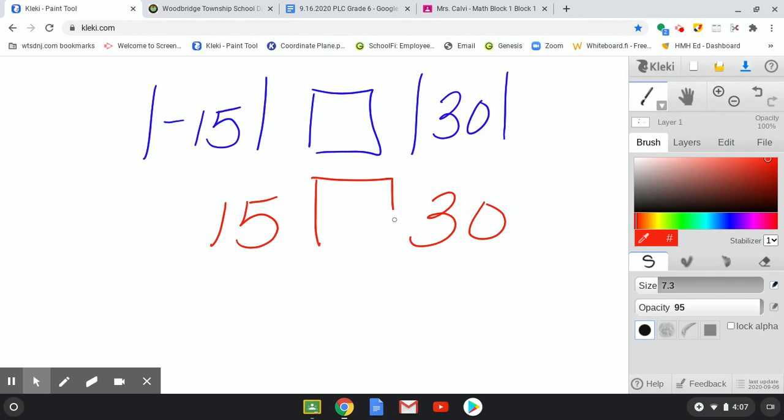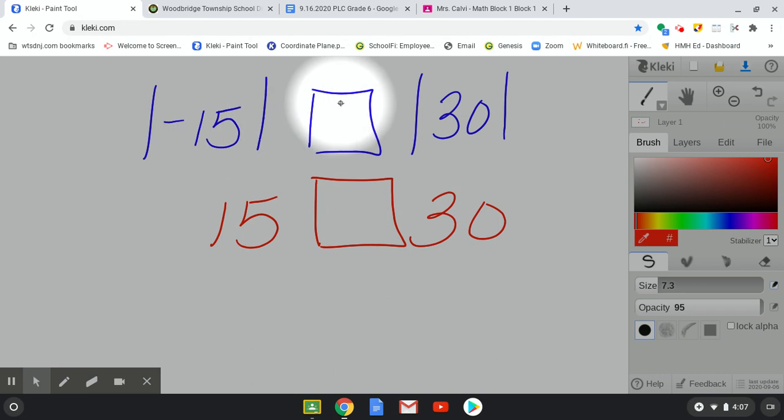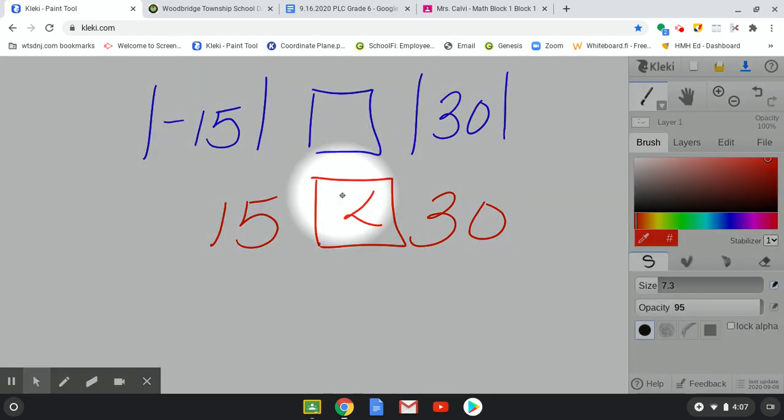So now you should be comparing these two, because if you don't actually change it, if you keep it a -15, you're going to get confused and you're going to end up putting that -15 is less than 30, which technically it is. And in this case, it doesn't change my value here. So this actually is less than, but depending on the numbers that are here, it could change your final answer.